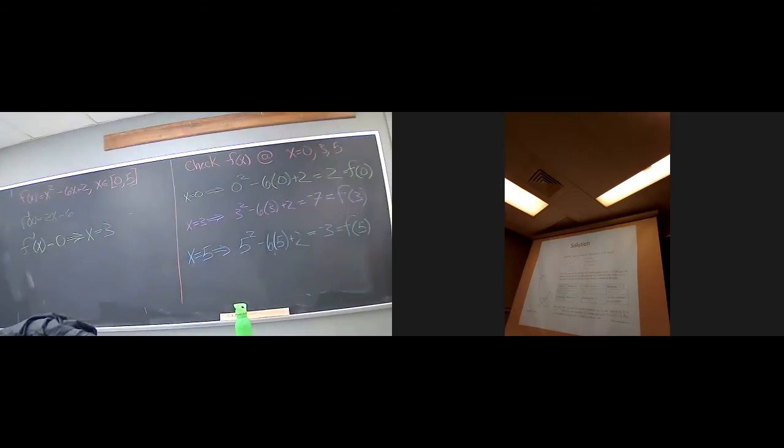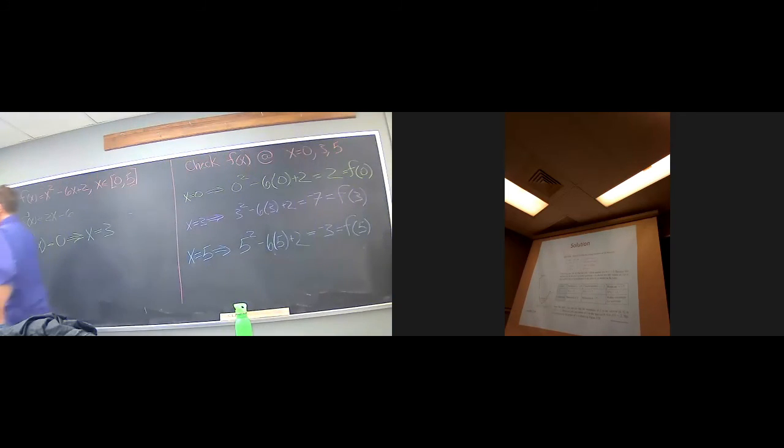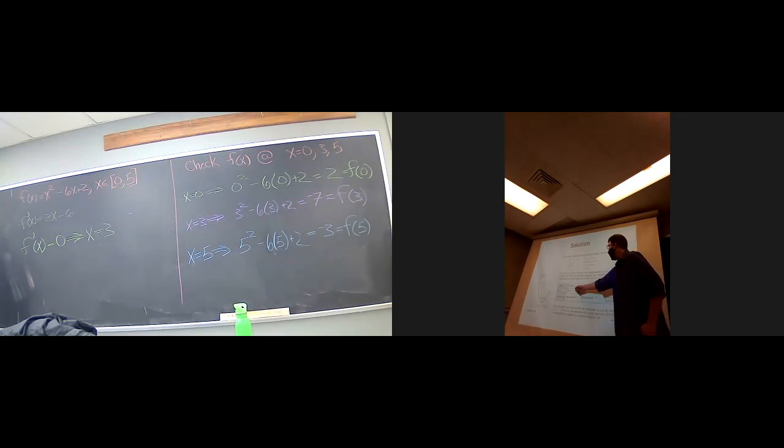So to see all of this side by side in practice, we check our 2 endpoints, 0 and 5, and we check our 1 critical number. At endpoint 0, we get 2. At our critical number, we get -7. And at our endpoint 5, we get -3.